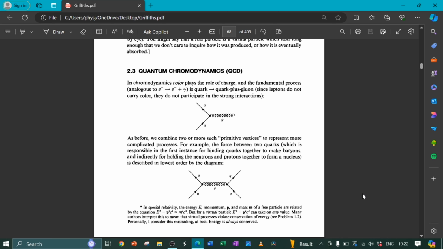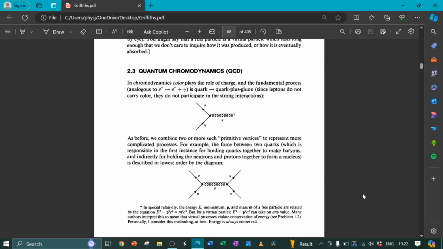In special relativity, the energy E, momentum p and mass m of a free particle are related by the equation E squared minus p squared c squared equals m squared c to the power 4. But for a virtual particle, E squared minus p squared c squared can take on any value. Many authors interpret this to mean that virtual processes violate conservation of energy.